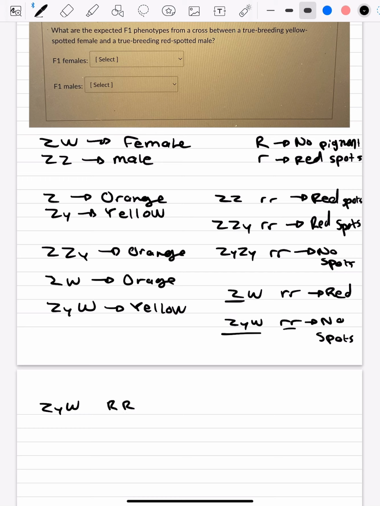So if we were going to try to find out the different phenotypes that can be produced, we'd have to do a cross for both of the genes. So right now, let's do a cross for both the genes, Z and the R. For both individuals, we'll have the female on top, ZYW, male on the side.